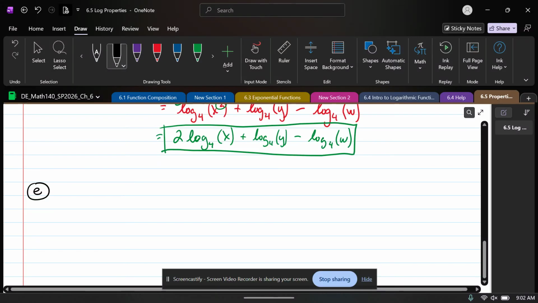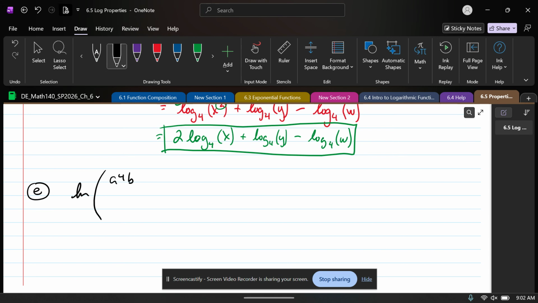Let's see. Let's do natural log of a to the 4th, b to the 3rd over c squared, d. Expand that. See if you can do that.